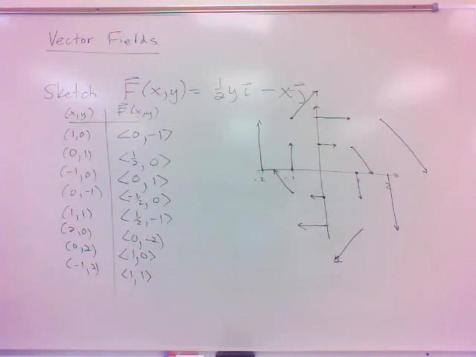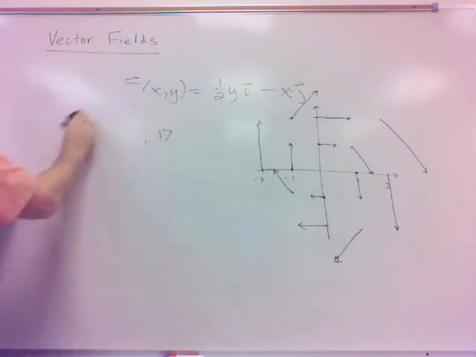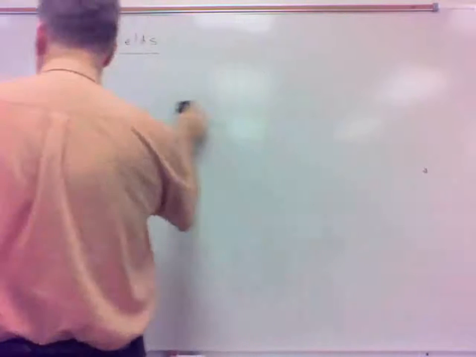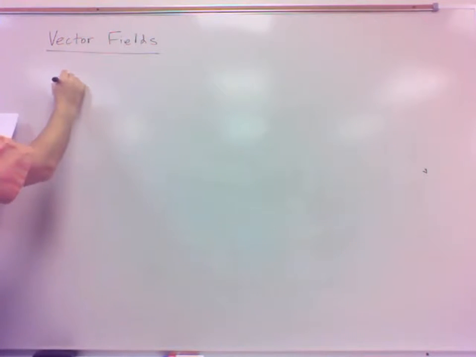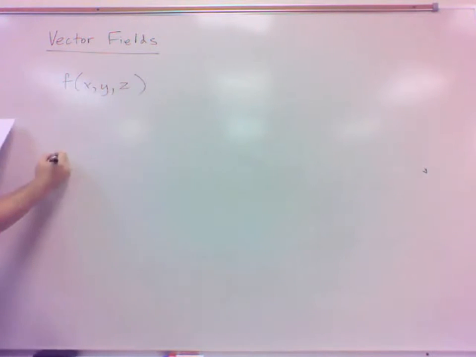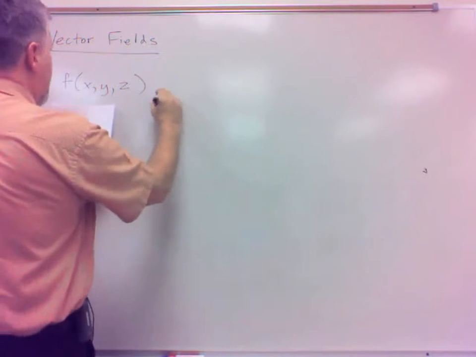Now, if you'll recall, we've already kind of talked about vector fields. We just didn't call it that before. Let's recall the gradient vector. For f of x, y, z, let's just do three dimensions here, and of course the two-dimensional is very analogous.